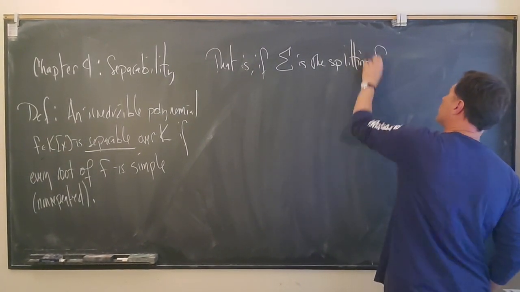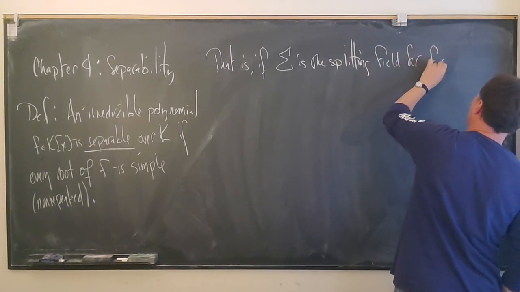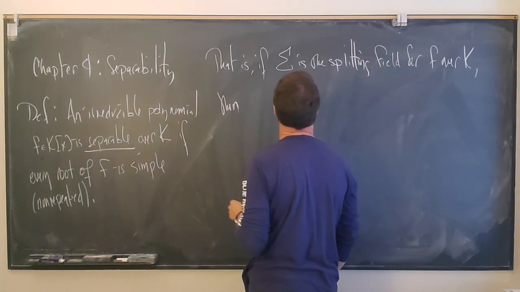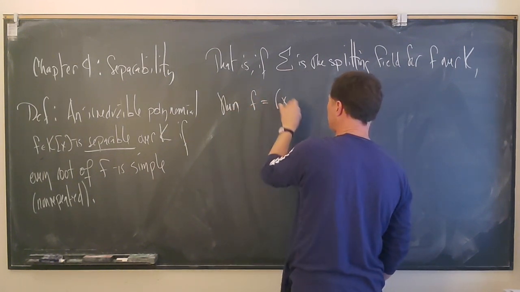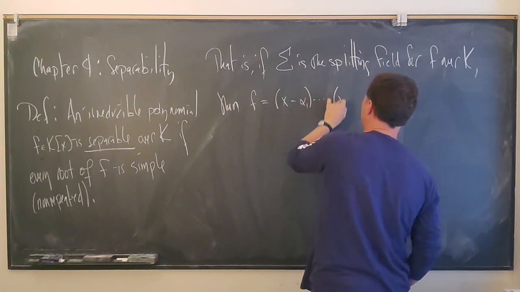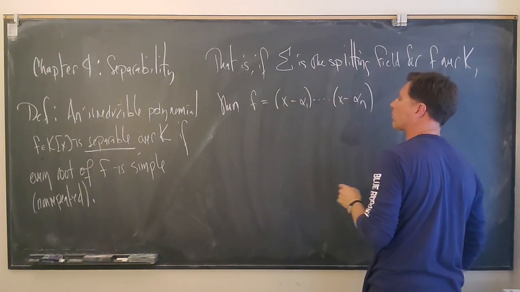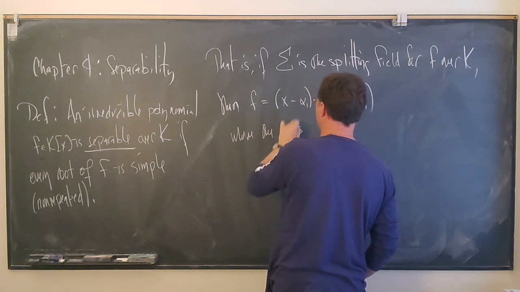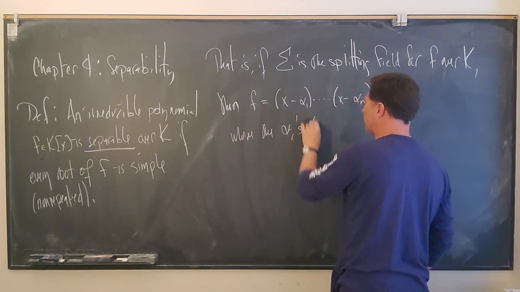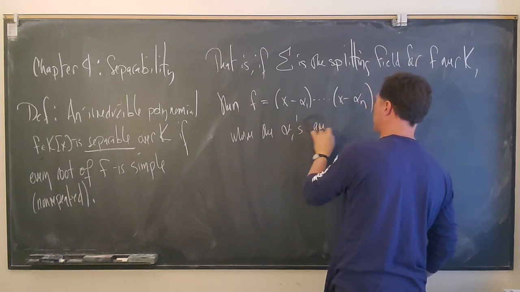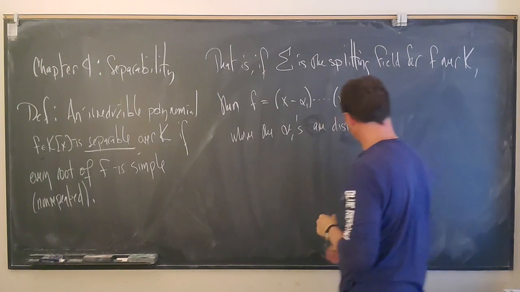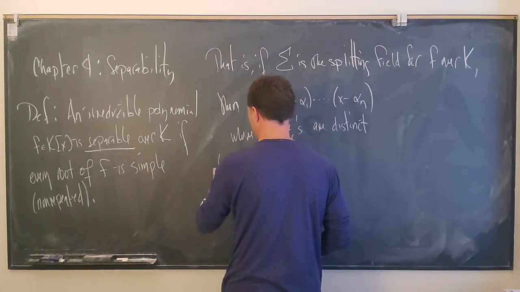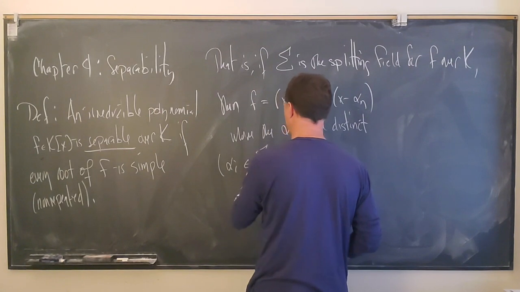So if sigma is the splitting field for f over k, then f will look like (x minus alpha 1) through (x minus alpha n), where the alpha i's are distinct, and all of these alphas live in sigma.